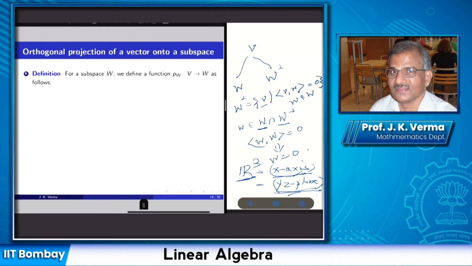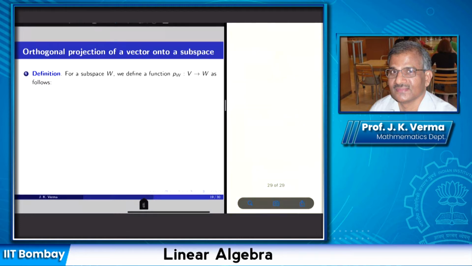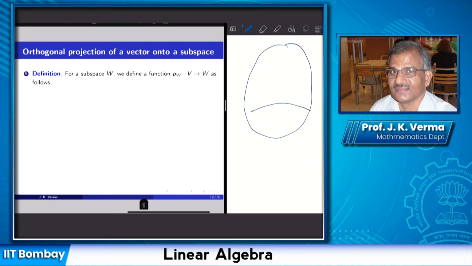So we have done one very important thing here. We were given a big vector space, and inside this big vector space I have a subspace W. Then first we constructed W perp, so that W perp and W intersect only in the 0 vector. Now I take some arbitrary vector V in my vector space, and I project V inside W. This projection was the sum of the projections of V in each of the mutually perpendicular directions.